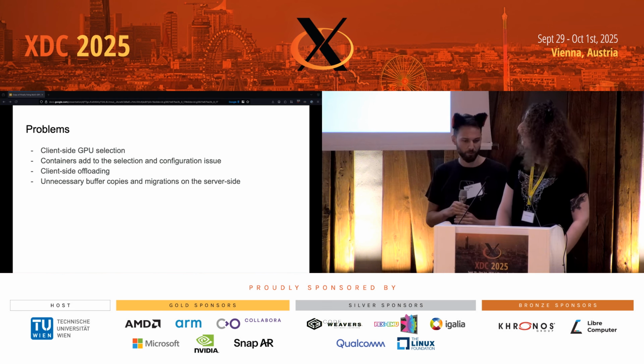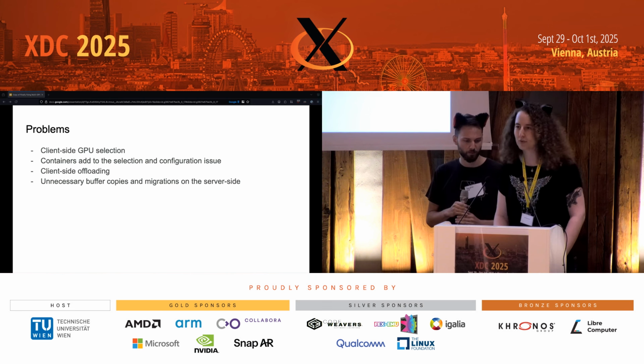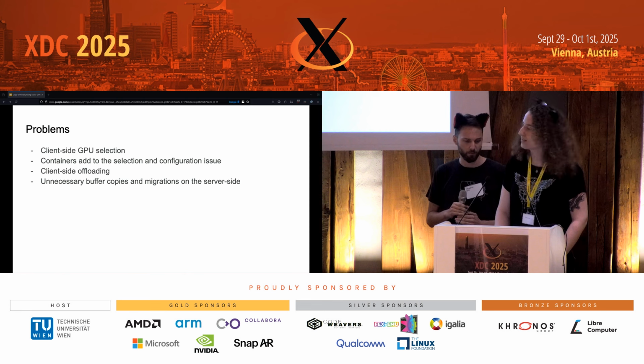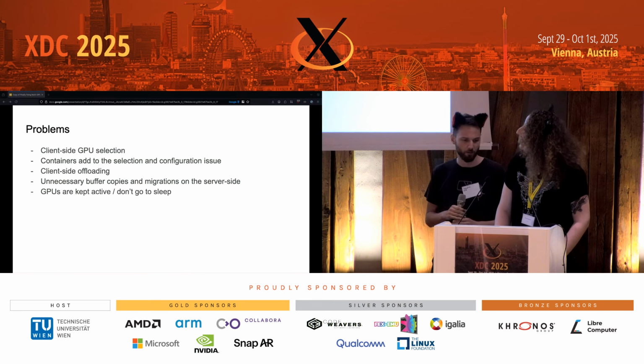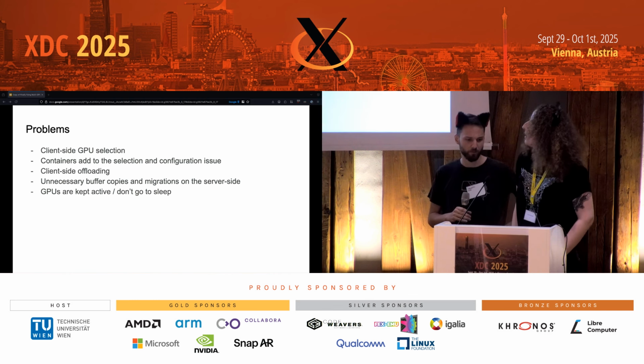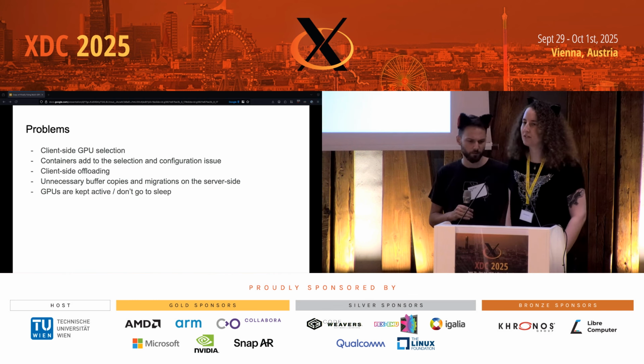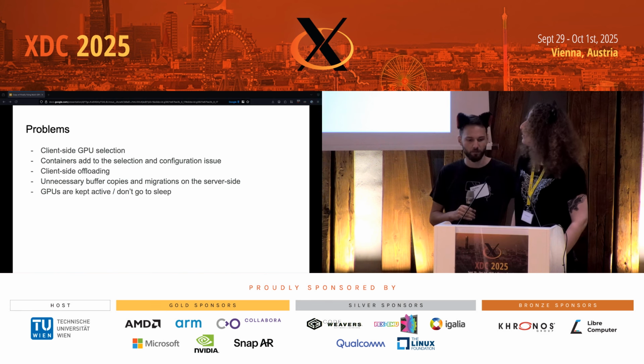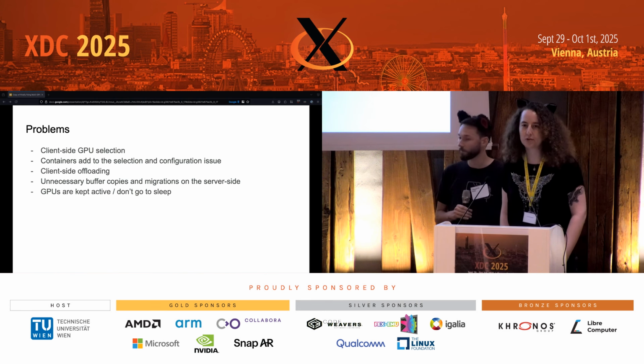I'm arguing compositors should do this differently, and that they should benchmark copies and such, which brings us to the next issue. GPUs are continuously running on a lot of these laptops and are active and don't go to sleep.